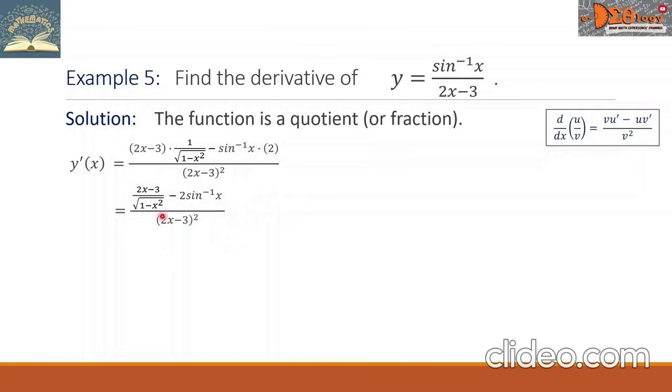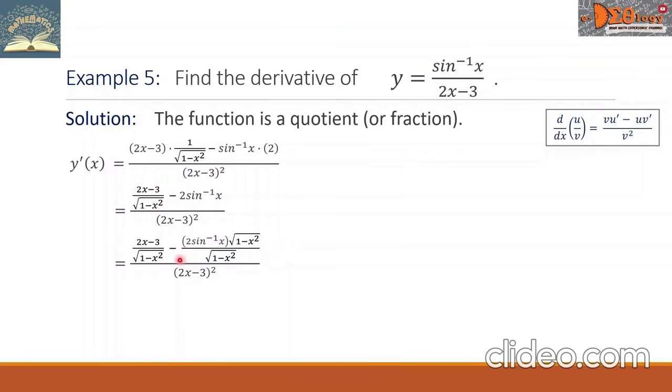Now, let us simplify our numerator. Let us combine this fraction minus this 2 sine inverse x. What we're going to do is to multiply the 2 sine inverse x by a fraction whose numerator and denominator are the same as this denominator here. So we have it like this.